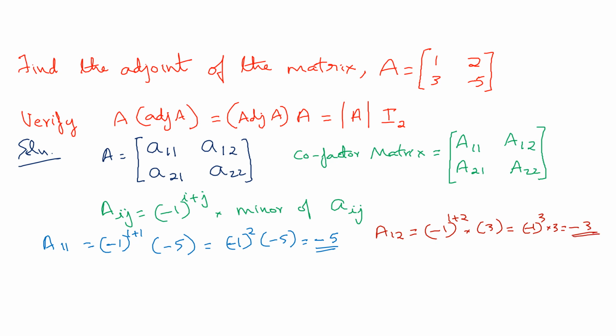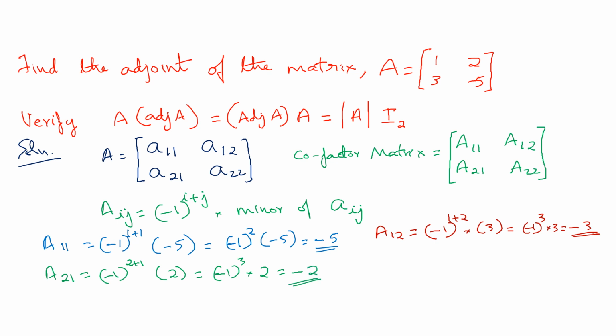So the third cofactor, that is A21. A21 is equal to minus 1 to the power 2 plus 1 into the minor of 3. The minor of 3 is only 2 there. So you get minus 1 to the power 3 into 2. Minus 1 to the power of an odd number, 3 is odd, so minus 1 into 2 is minus 2.